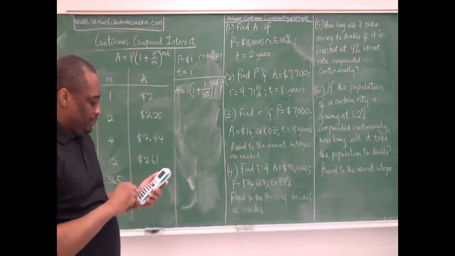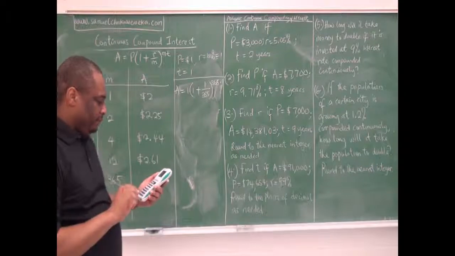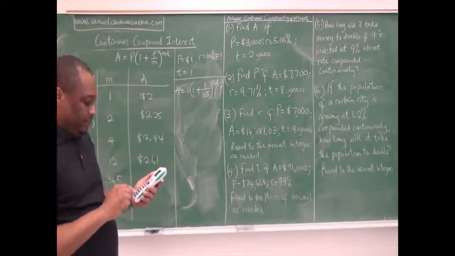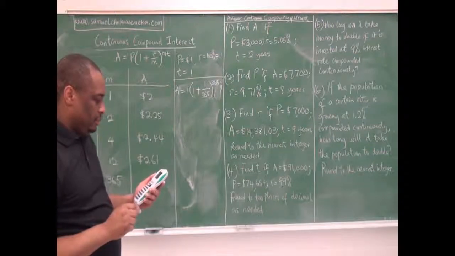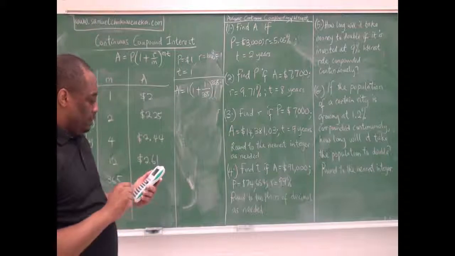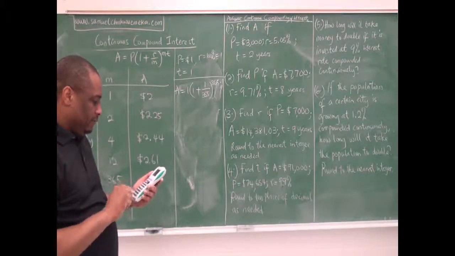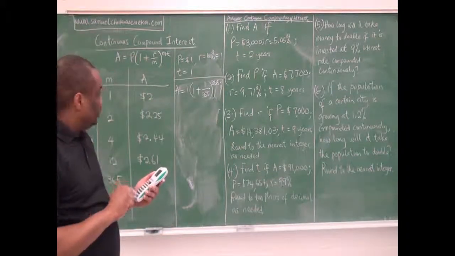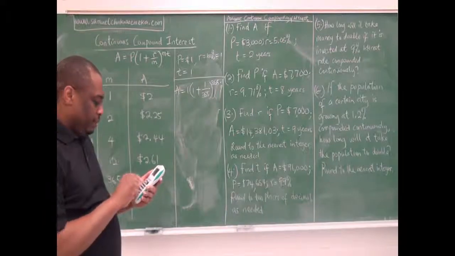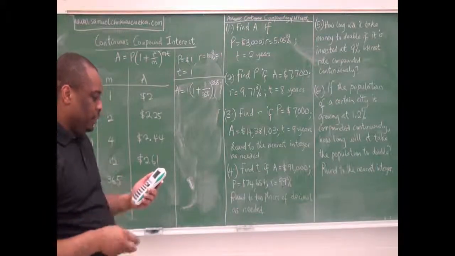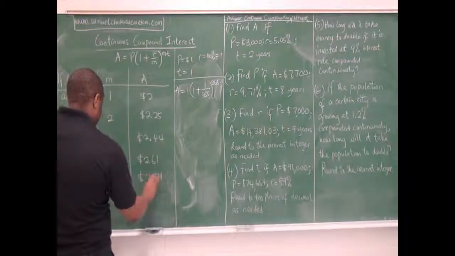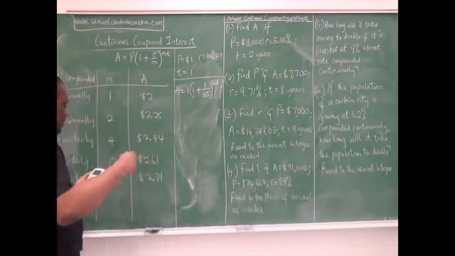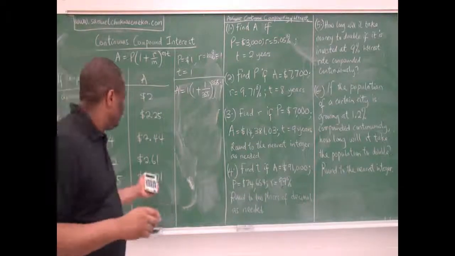So what will it be? 1 divided by 365, plus 1, then raised to the power 365. That is about 2.71. Okay, 2.714567 and the rest of them.